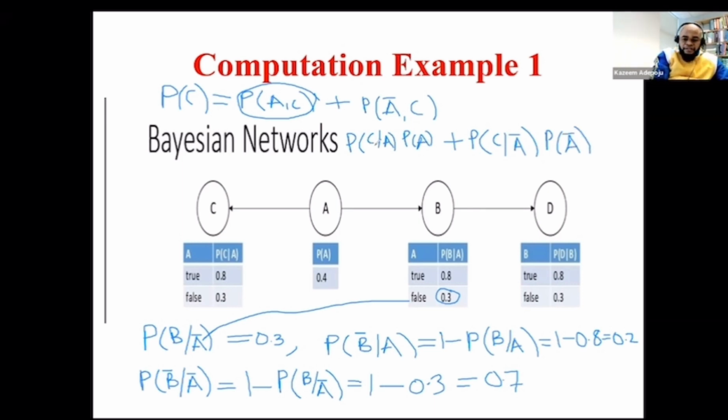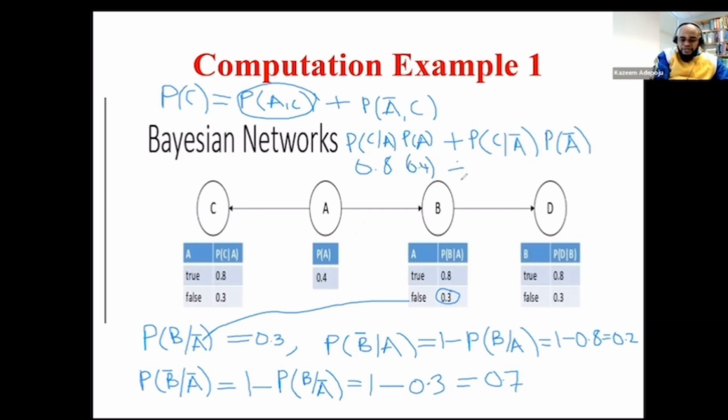Now, the probability of C given A true is 0.8, then the probability of A, of course, here is 0.4, right?